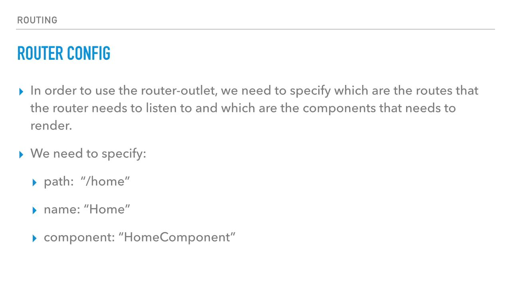In order for the router to render a specific component, it should know which routes it has to listen to in the browser URL. Then we have a name. This is just an alias for referring to this route later on. And also we need to specify which component we have to render when the user specifies a certain path.